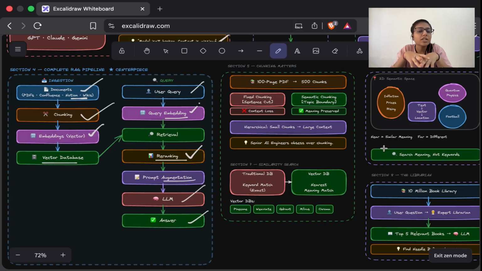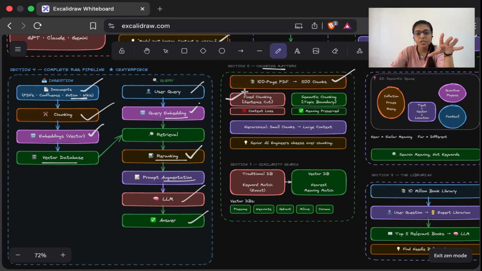Because retrieval systems work much better on smaller pieces of information. A 100-page PDF might become 500 individual chunks. This process is called chunking. And surprisingly, chunking is one of the most important decisions in our RAG systems. Experienced AI engineers often spend time optimizing chunking strategies.